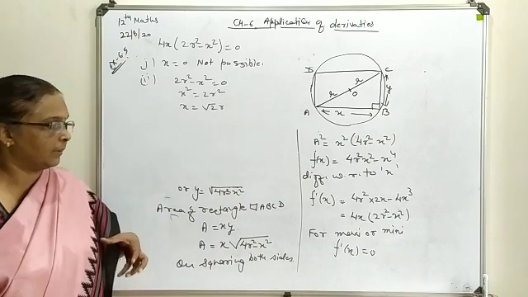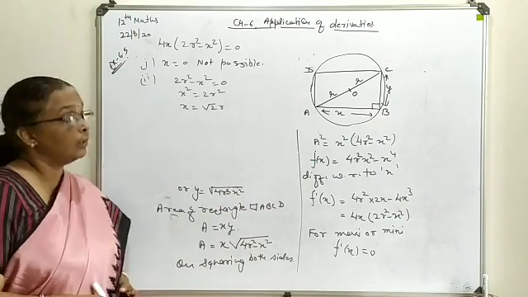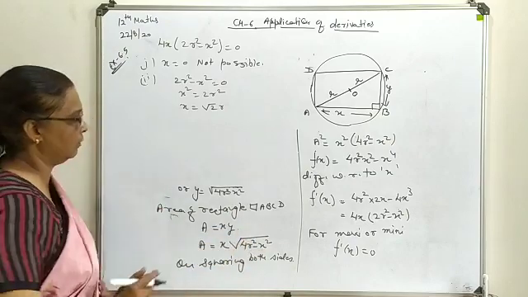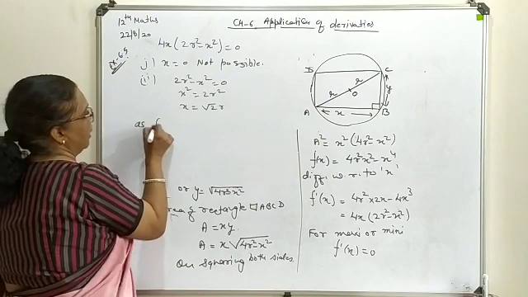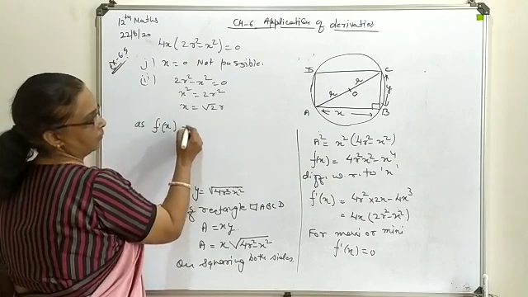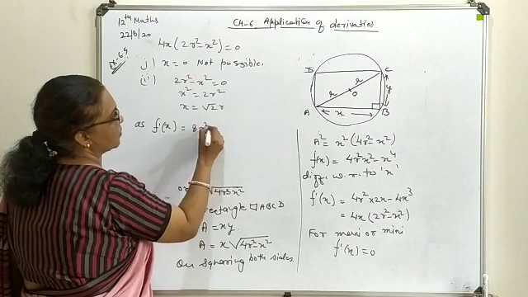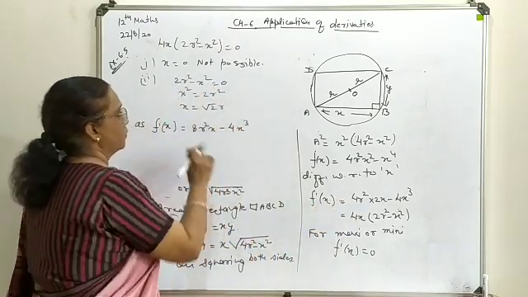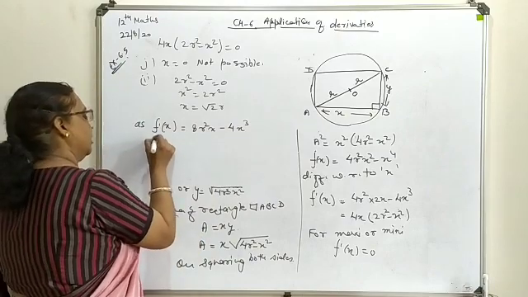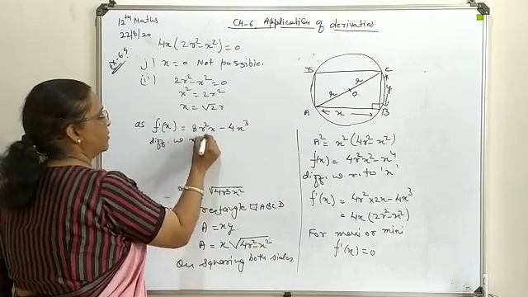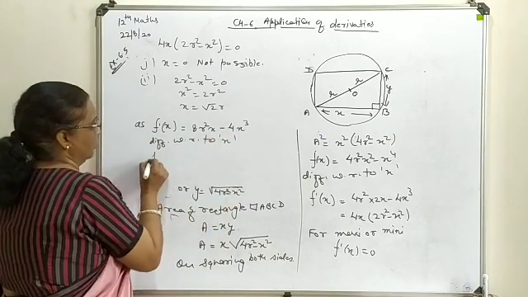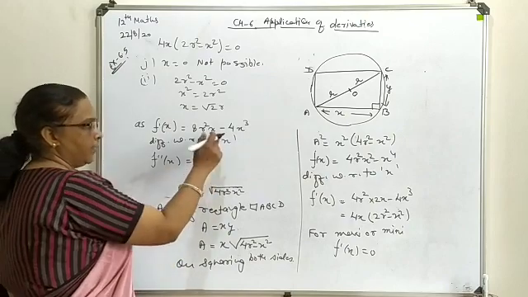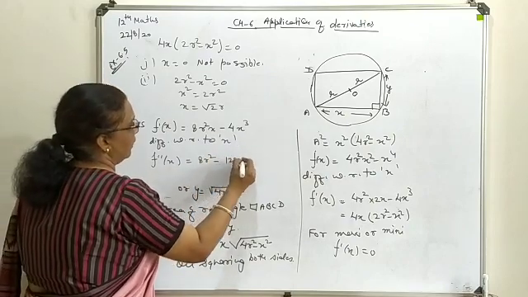Now to have a maximum area, first you have to check with the second derivative test. So here f dash was 8r square x, which I have multiplied, minus 4x cube. Proceed for the second derivative. Differentiate with respect to x. So f double dash x will give you 8r square minus 12x square.